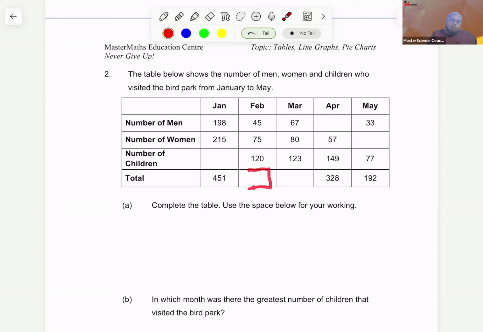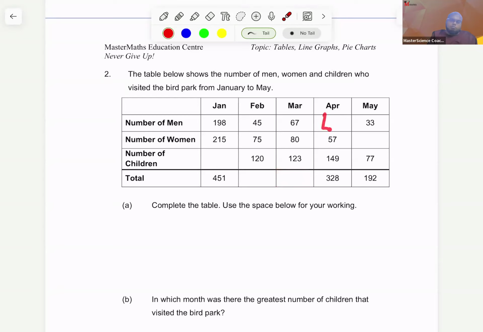This one, how do I find the total in February? Total means what? Plus. So what plus what plus what? Correct. Very good. Okay, March is also the same. You are missing the total.